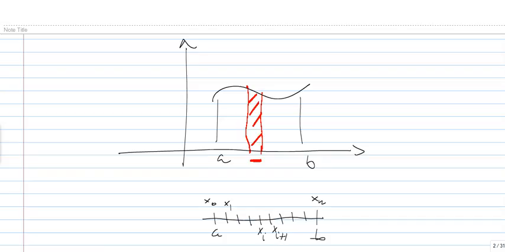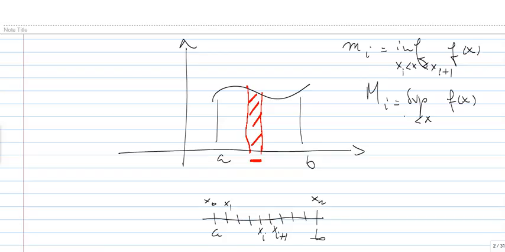We generate two numbers: mi, which is the infimum of f of x for x between xi and xi plus 1, as well as capital Mi, which is the supremum of f of x, where x is between xi and xi plus 1. Again, I'm discussing the flaws of Riemann integration, so let's just take a bounded domain for the function f, as well as a bounded range.